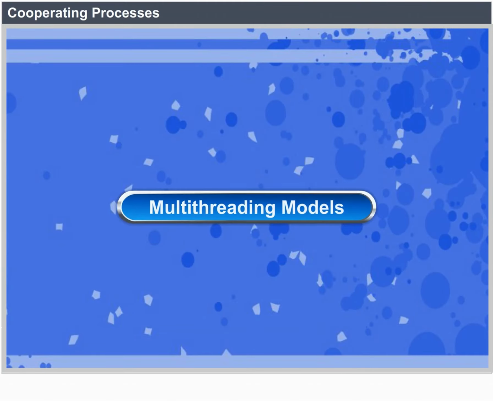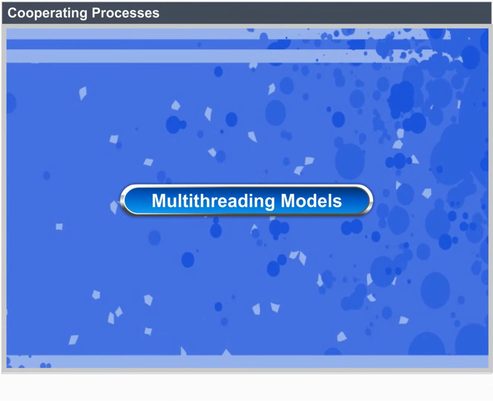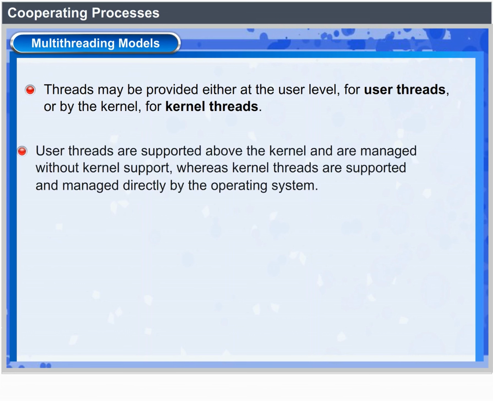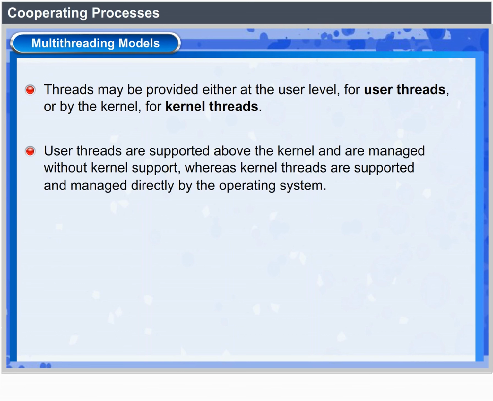Multi-threading models. Threads may be provided either at the user level, for user threads, or by the kernel, for kernel threads. User threads are supported above the kernel and are managed without kernel support, whereas kernel threads are supported and managed directly by the operating system.